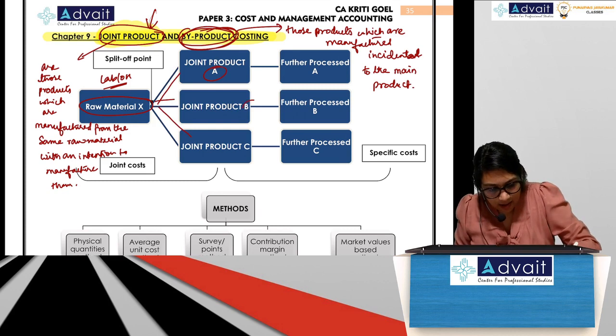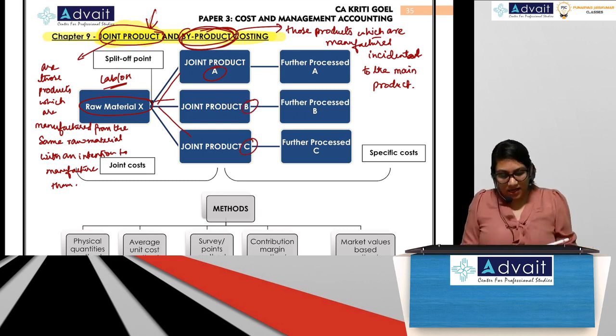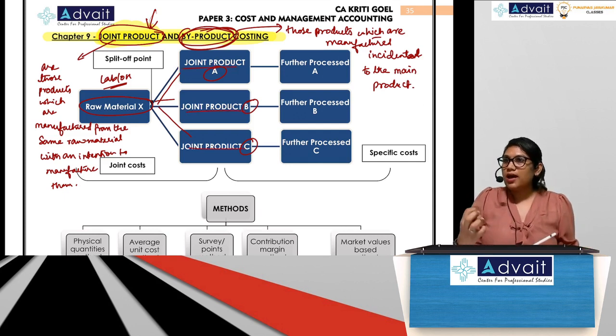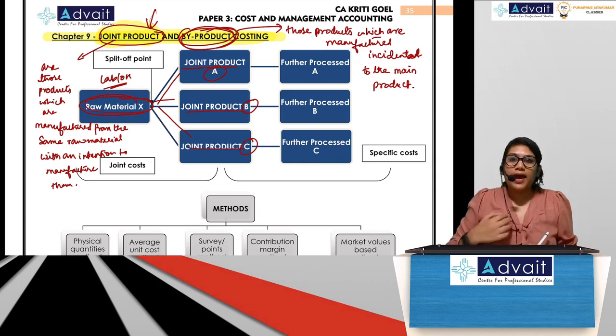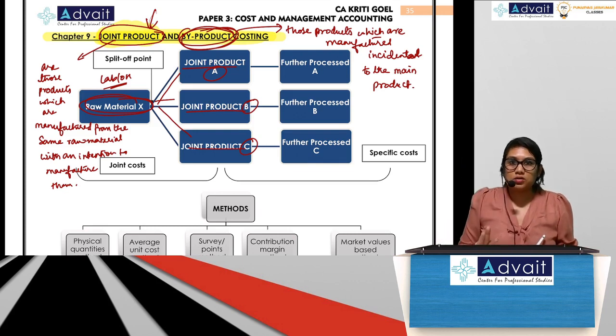Let's say product A, product B, product C. These 3 products are called joint products, because they are manufactured from the same raw material in the same process, and I intended to manufacture them. So 3 joint products.